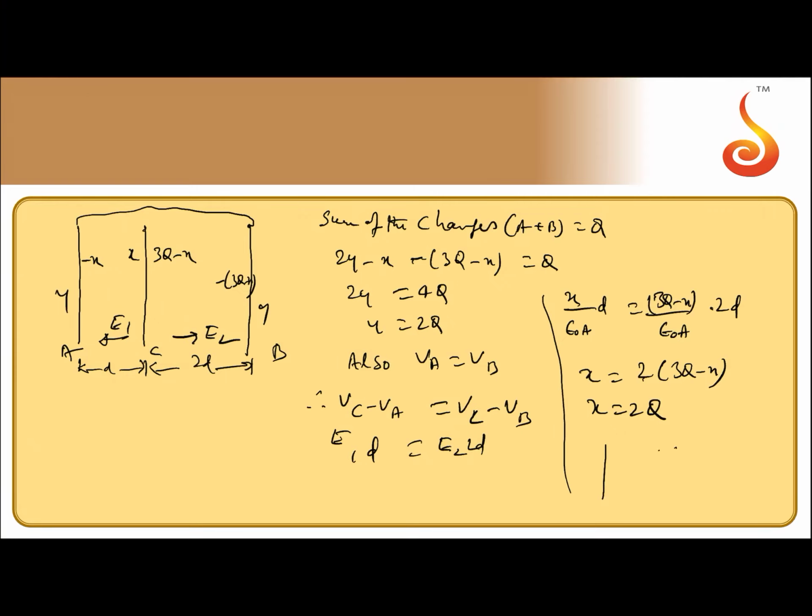So final situation is like this. 2Q, minus 2Q plus 2Q, Q minus Q, 2Q. So finally it will be like this.